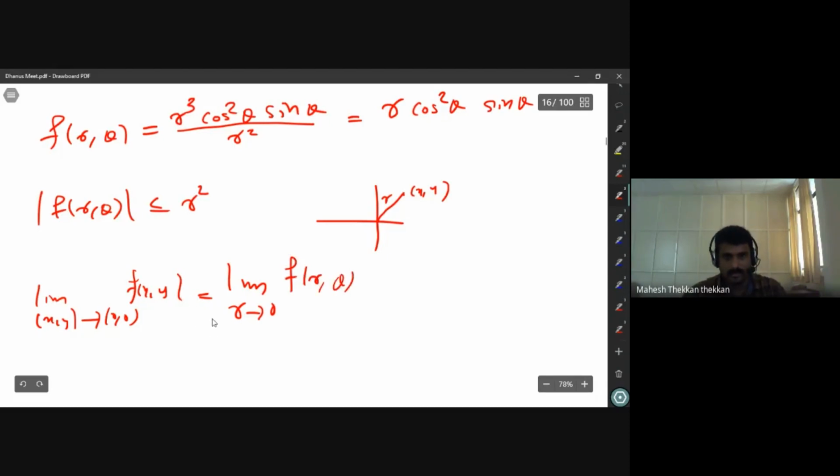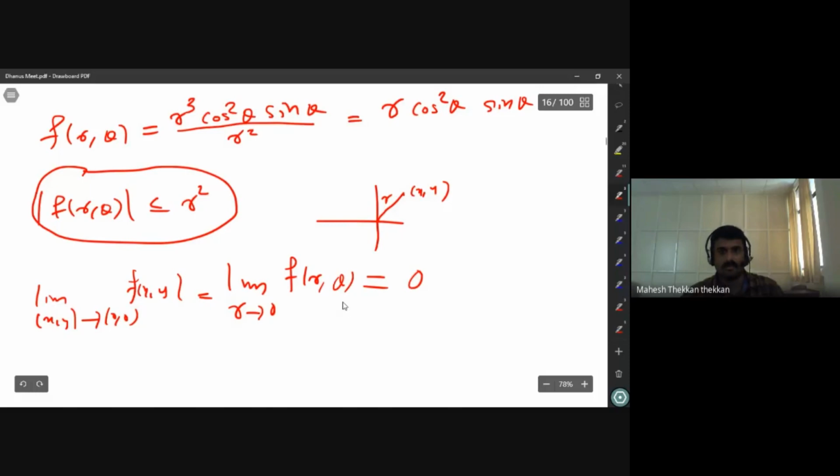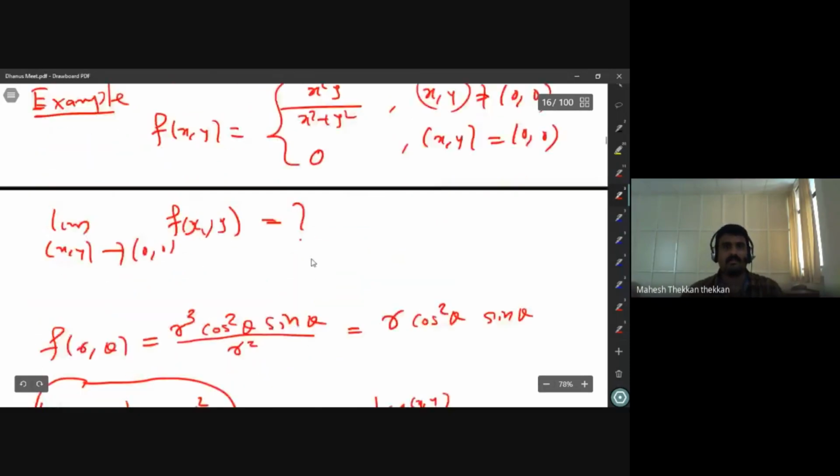From this inequality, as r tends to 0 the right side goes to 0, and the modulus of something less than or equal to something going to 0 has to be 0. So the limit as r tends to 0 of f of r theta has to be 0.